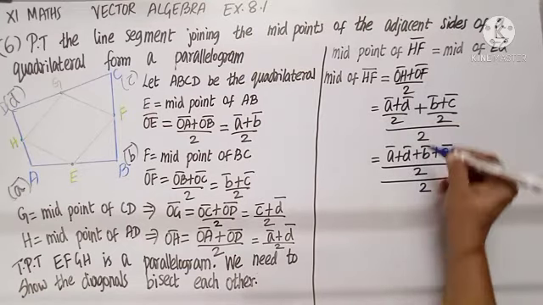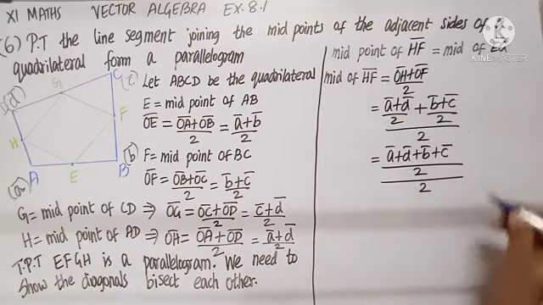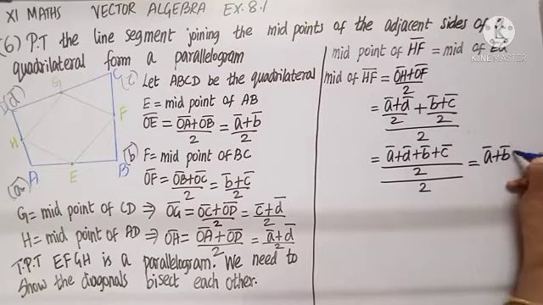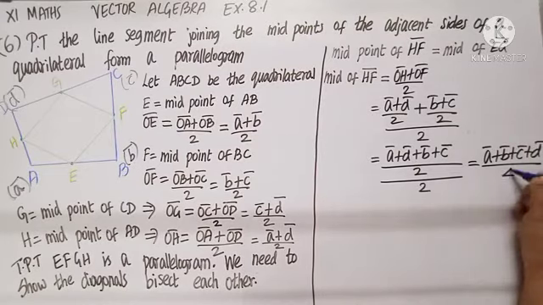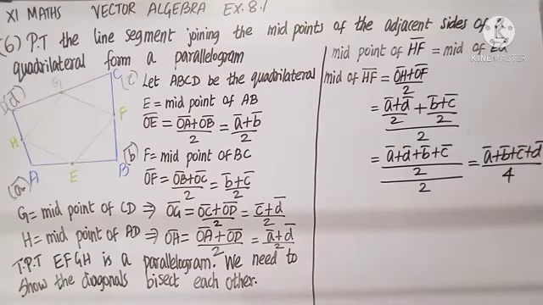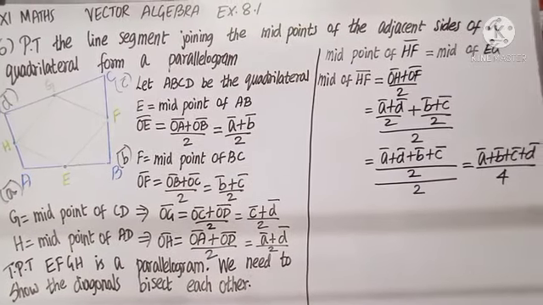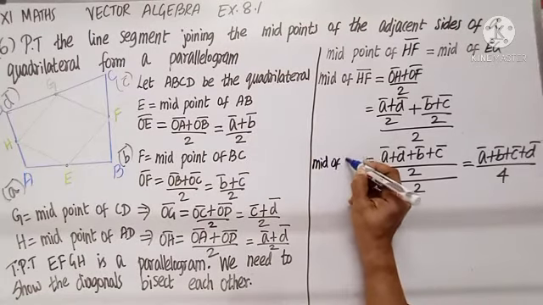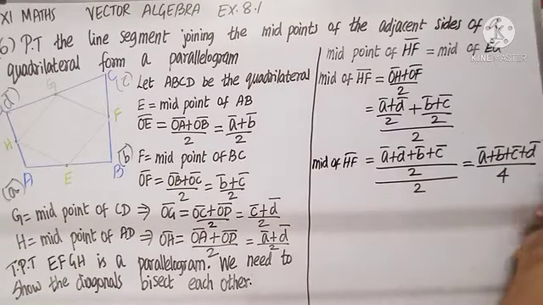The LCM 2 and the denominator 2, I can combine. So my answer is (A plus B plus C plus D), 2 twos are 4. This I call the midpoint of HF. So the midpoint of HF is the vectors (A plus B plus C plus D) divided by 4.